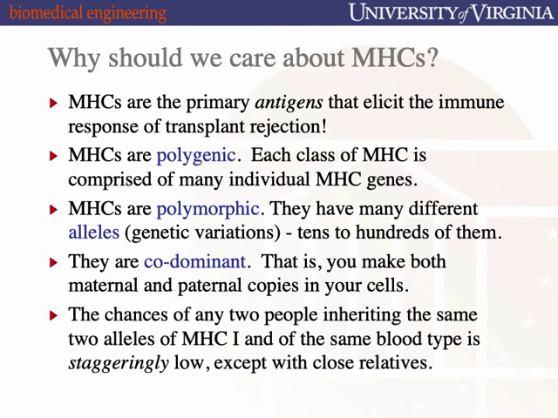What it means, if I need a transplant, is the probability of me finding an MHC class or an HLA match is exceedingly low. Unless it's my brother or my sister, not even my mom or dad are really great donors, right? Not even my kids are. It's really siblings that are the best donors.